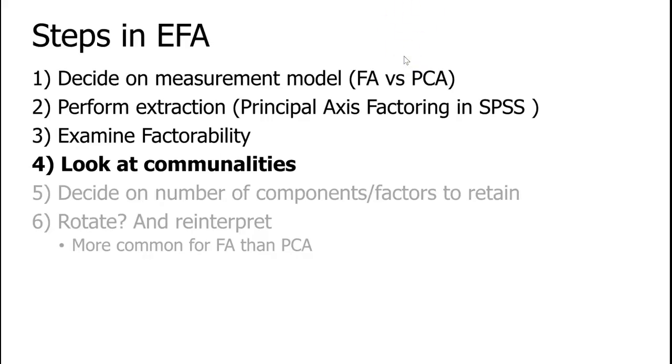So then the next step we would do is look at what are called the communalities. The communalities are a representation of the proportion of variance in each variable that can be explained by underlying factors or underlying continuous latent variables. So we want that to be reasonably high.